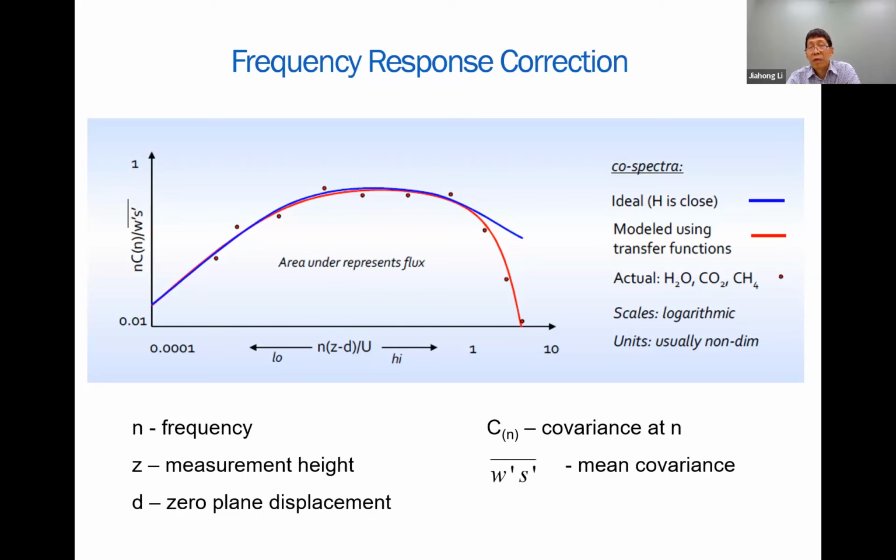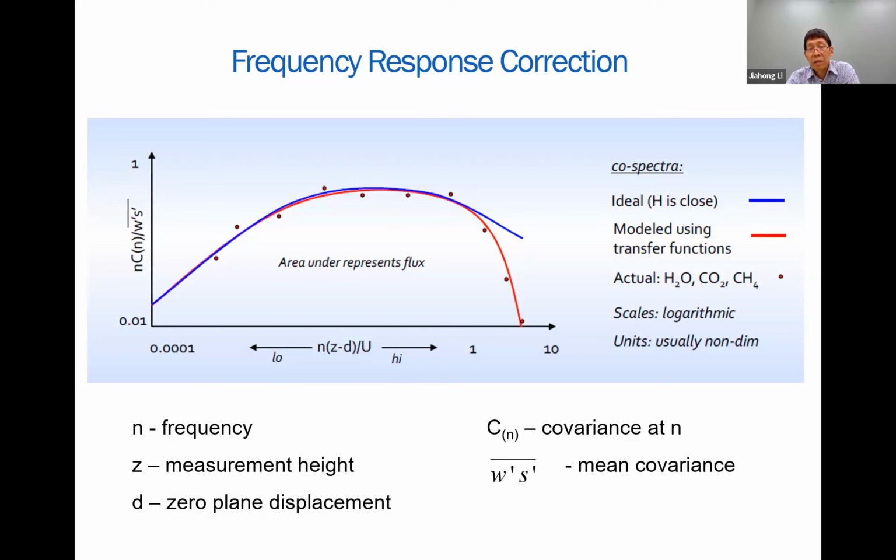To do that, we first consider the frequency response of sensible heat flux ideal. It represents the true co-spectral of vertical wind speed and the sonic temperature, because both of them are measured by an anemometer simultaneously.